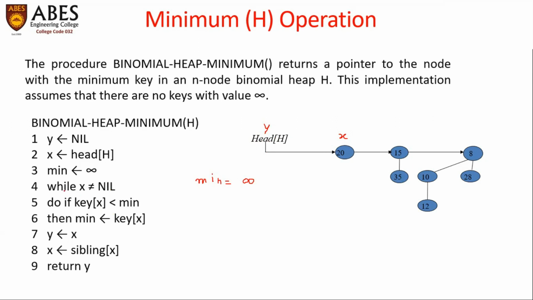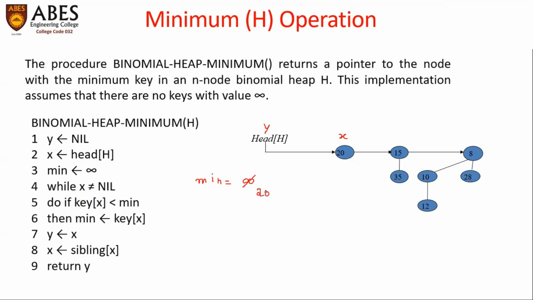If we start with our loop, the first thing we have to check is the key of x. Here the key of x is 20 and our min is infinity. Obviously 20 is less than infinity, so we update min from infinity to 20.